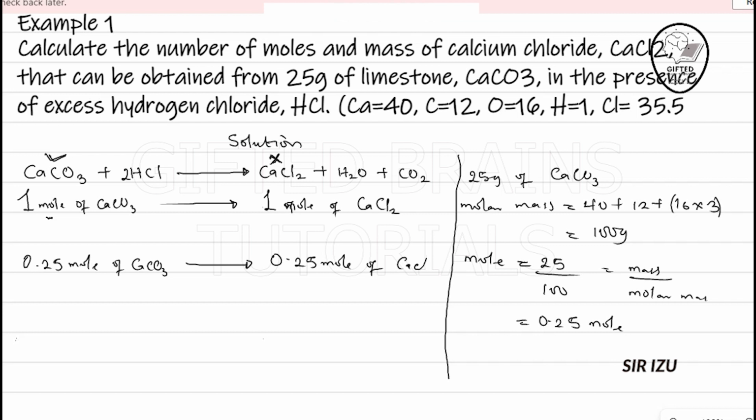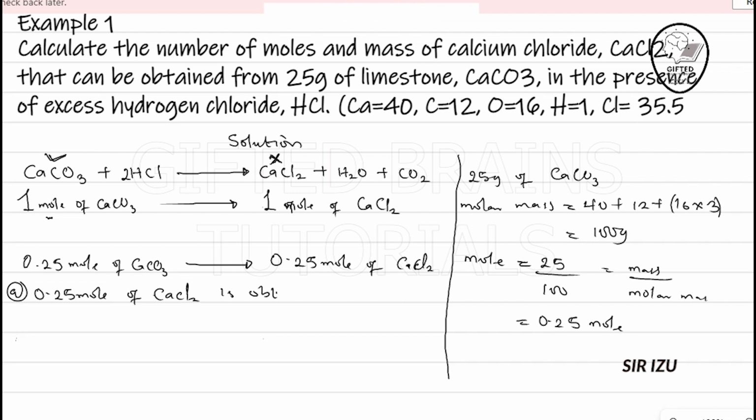I'm done with the first question. If this is the only question I'm given, I think I'm done. So I've answered the question A. 0.25 mole of calcium chloride is obtained.